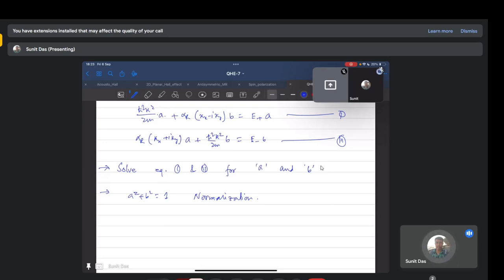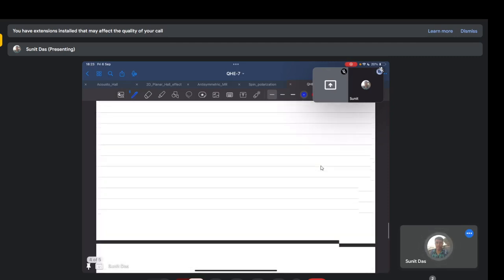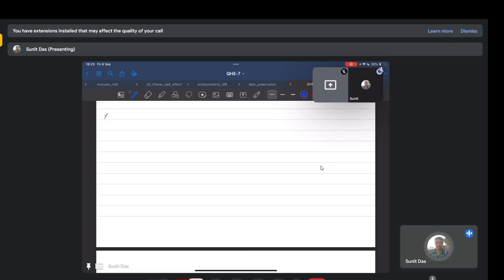It turns out that any 2 by 2 Hamiltonian can be written as a combination of all the sigma matrices, the Pauli matrices, and the additional identity matrix, as a combination of sigma 0 and then sigma x, sigma y, sigma z, right?